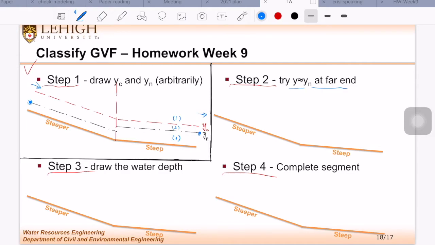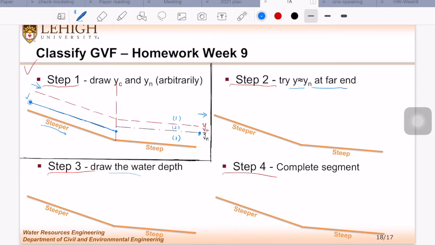At the third step, we need to draw the water depth, and we start to draw from this point. Since nothing is changed in this channel, the water depth just follows the normal depth to this point.